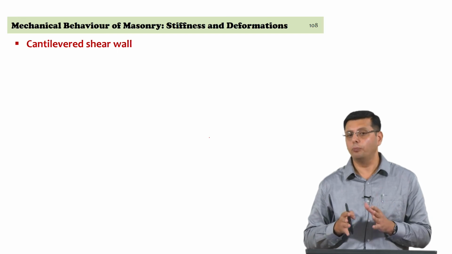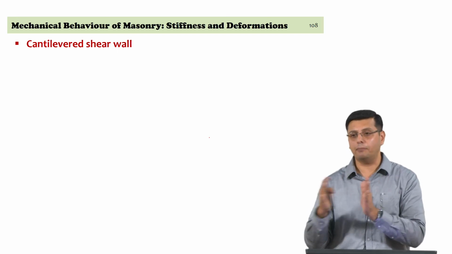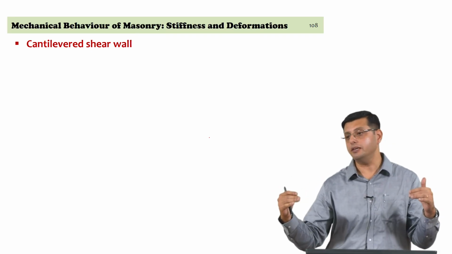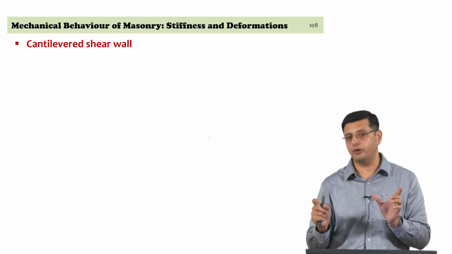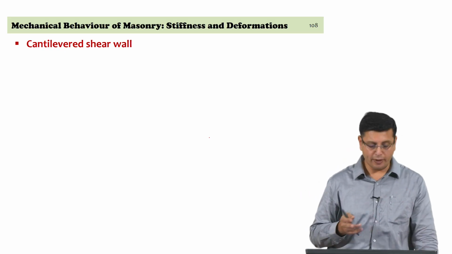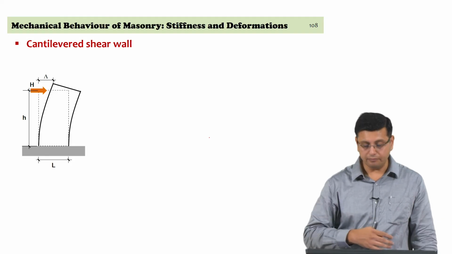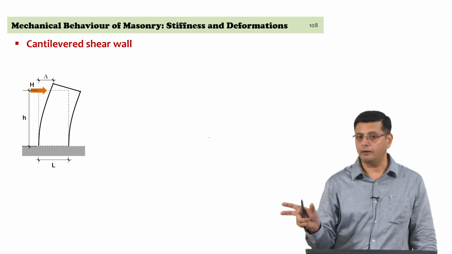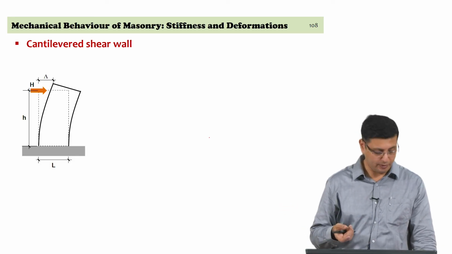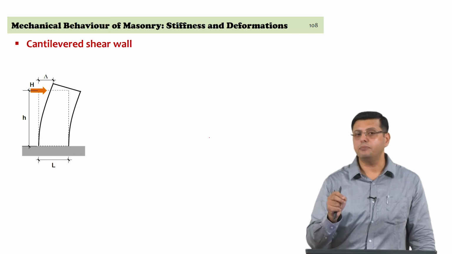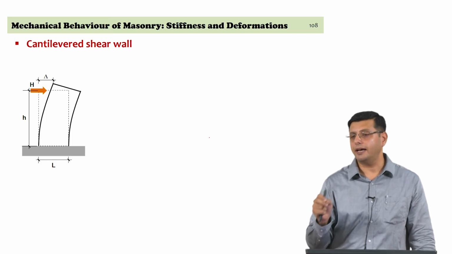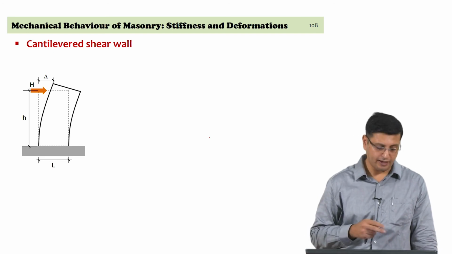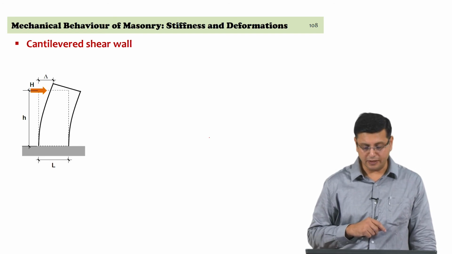The moment you have an opening and you have a spandrel, which is the coupling element between the openings, the spandrel can prevent the rotations at the top of the piers, and it changes the boundary condition. So, in the first case, consider a cantilevered shear wall of height h, lateral force H acting on it, length of the wall L, and thickness of the wall T. We are interested in getting an estimate of the lateral deformation delta, and with that we can estimate the lateral stiffness of the wall itself.